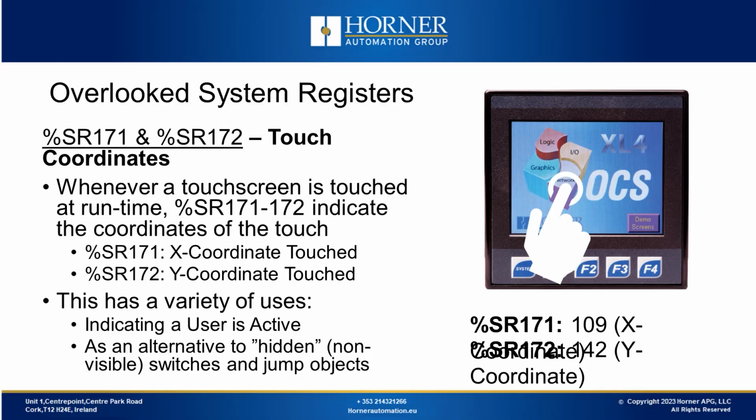The last overlooked system registers that we'll look at today are SOR171 and SOR172, which provide touch coordinates on the screen. SOR171 contains the x-axis coordinates and SOR172 contains the y-axis coordinates for the latest place touched by the user.